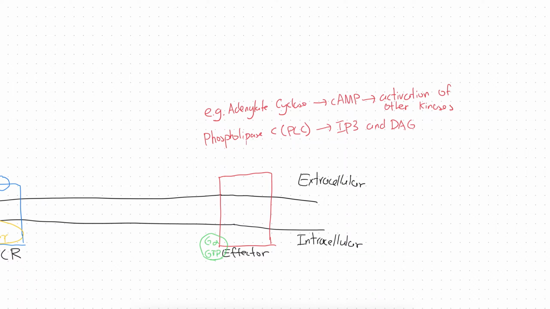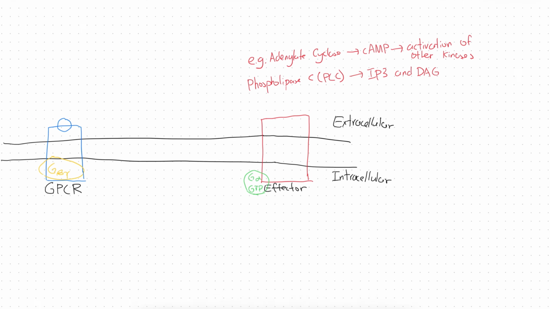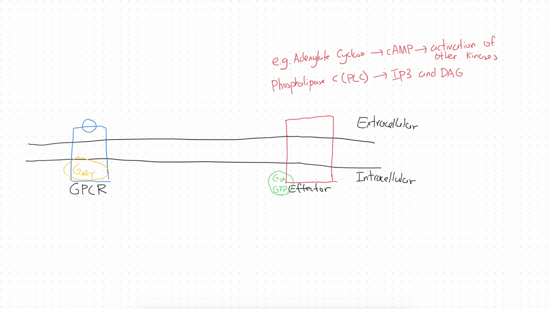And then finally, what do we think happens? We know that the signal has to end at some point. The alpha subunit has an automatic timer built into its biological function. It is an enzyme, right? The alpha subunit is also a GTPase. It's gonna slowly break down its own GTP into GDP.